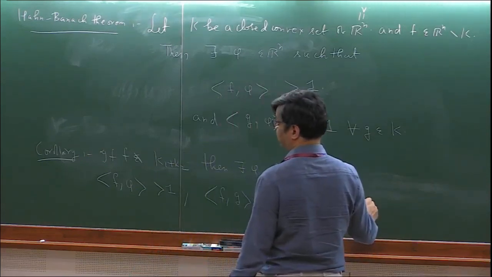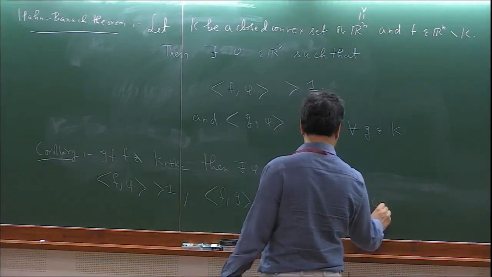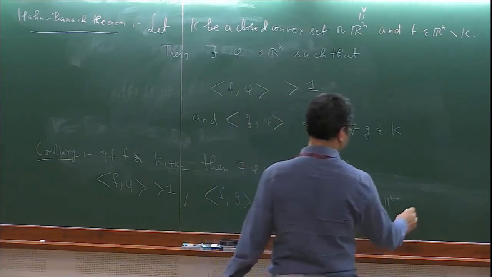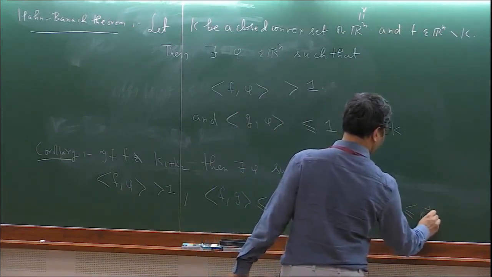and the norm of phi star is less than or equal to eta inverse.